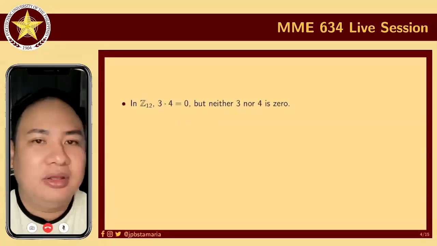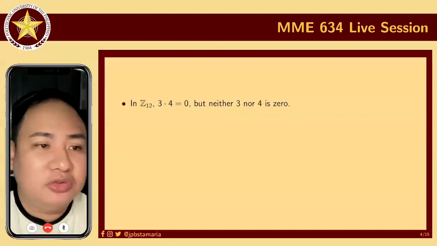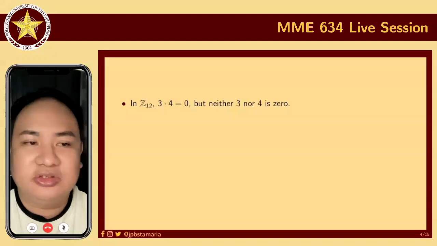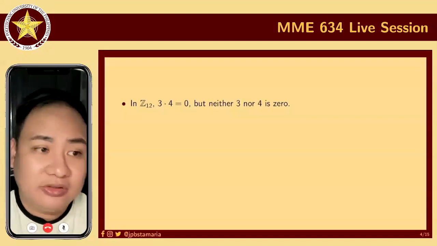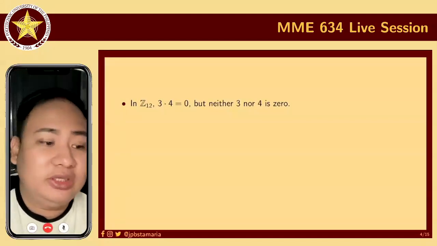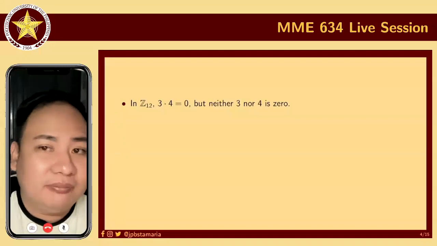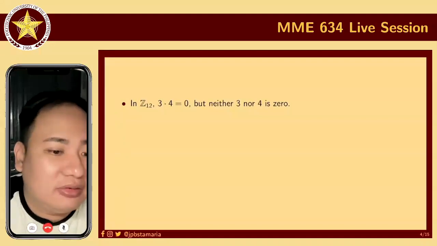For example, when you look at the integers modulo 12, we're doing addition and multiplication modulo 12. When you say modulo 12, we add and multiply as usual, but to get the answer, yung usual product and sum, kinukuha natin yung remainder when you divide by 12.